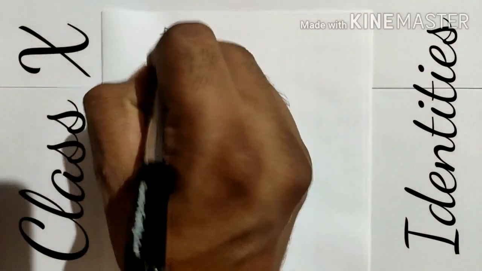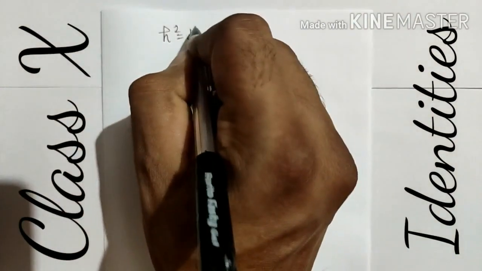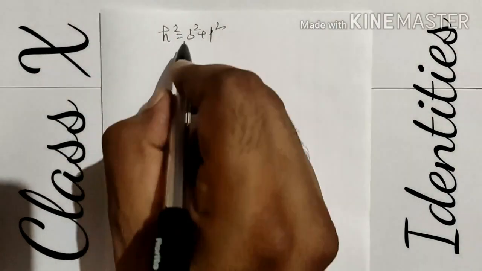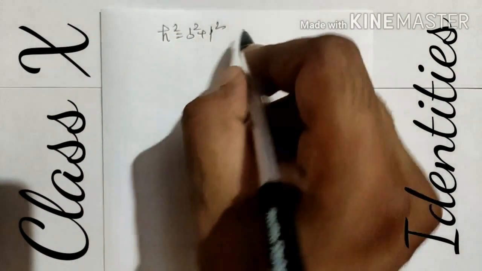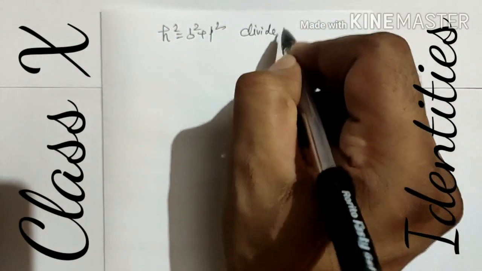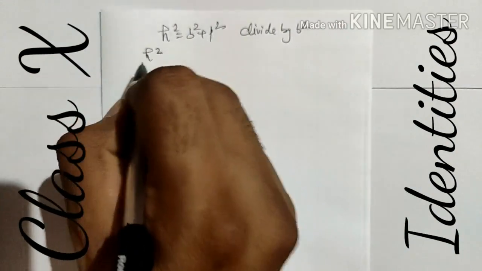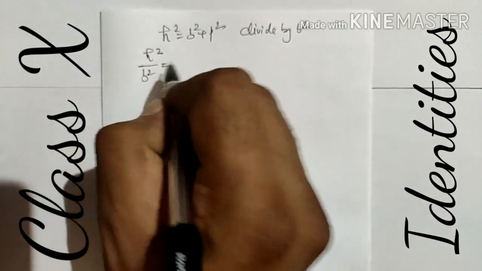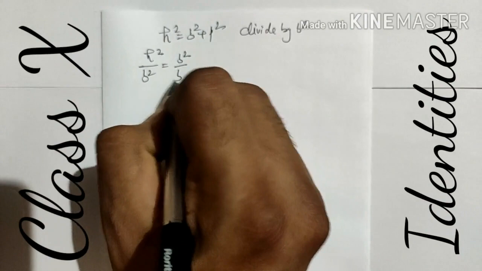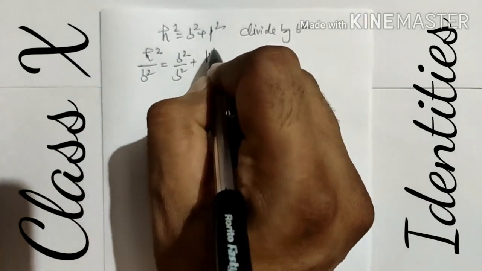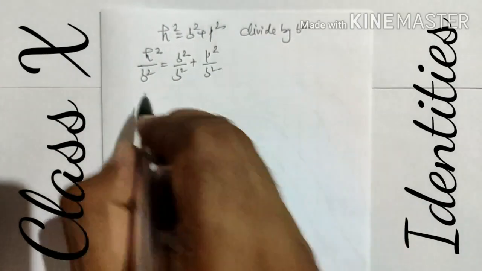In Pythagoras theorem, h square is equal to b square plus p square. Now we are going to divide by b square. We get here h square by b square is equal to b square by b square plus p square by b square.